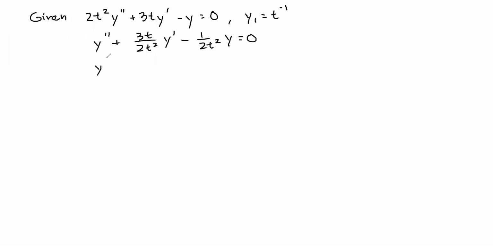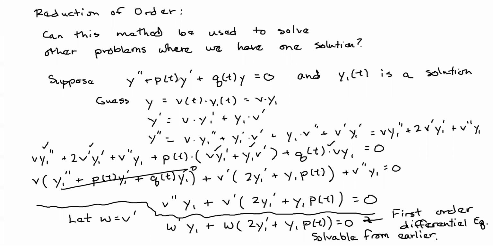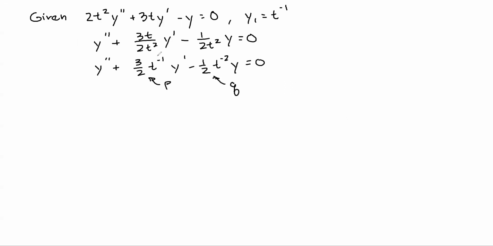And then we could simplify that to y double prime plus 3/2 t to the negative 1 y prime minus 1/2 t to the negative 2 y equals 0. So this is P and this is Q, right? Compare that format to this. The thing that's multiplied by y prime is P. The thing that's multiplied by y is Q. Multiplied by y prime, P. Multiplied by y, Q.